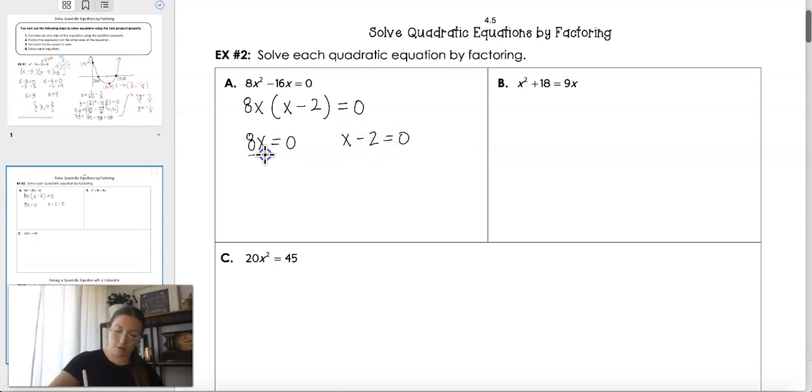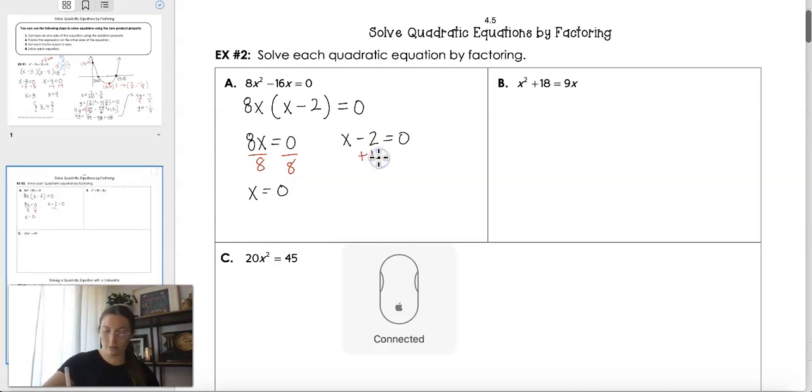Okay, solving the first one, I would divide each side by 8. So we get x equals 0. So that's one of my answers. And then this one over here, we're going to go ahead and add 2. Sorry, I want to use a different color.